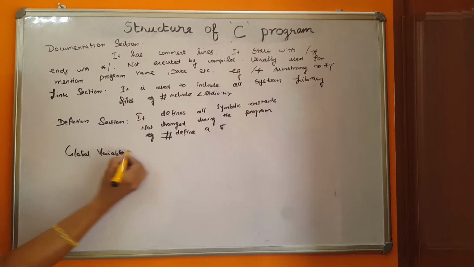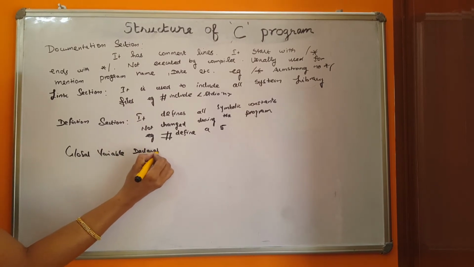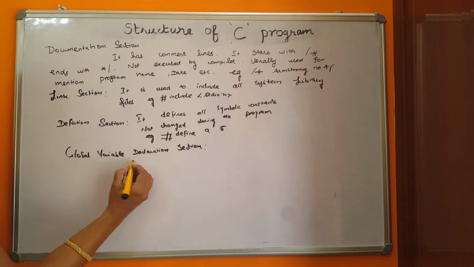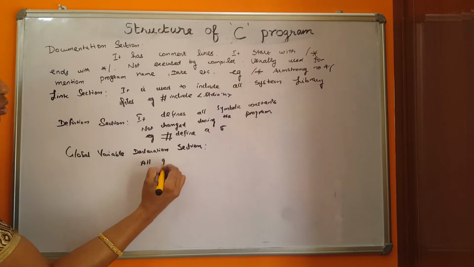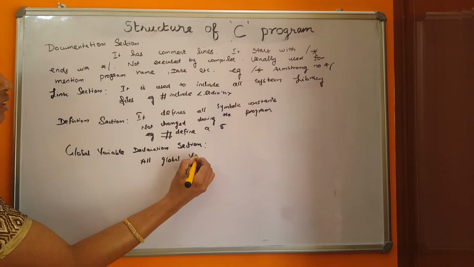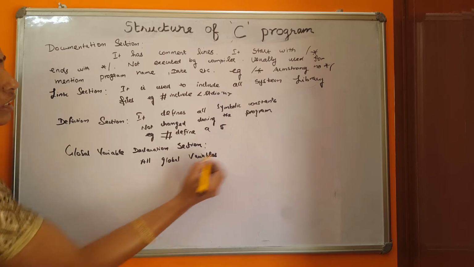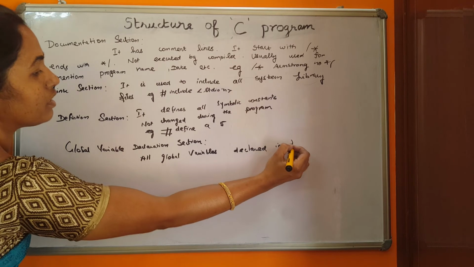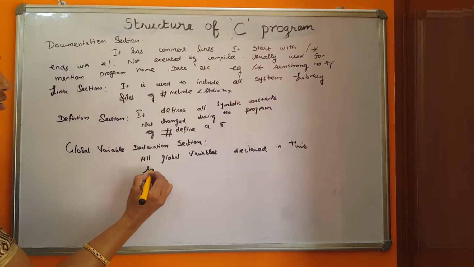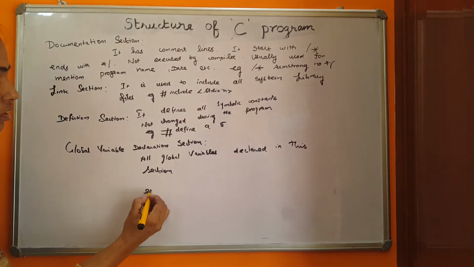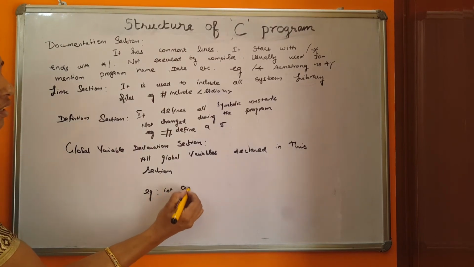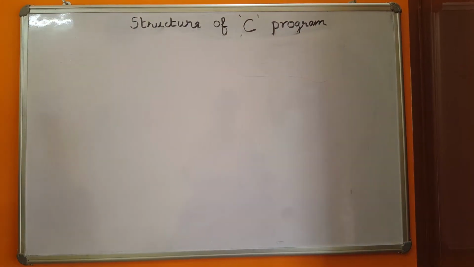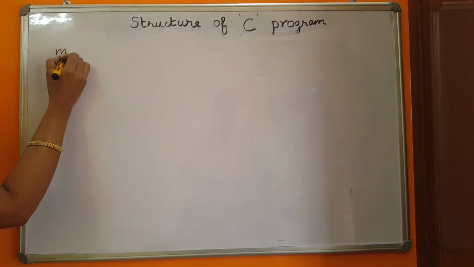The next section is global variable declaration section. All global variables are declared in this section. Example, int A. The next section is main function section.